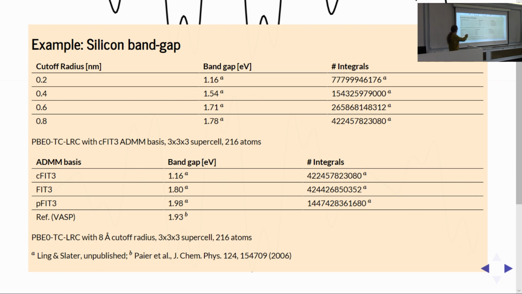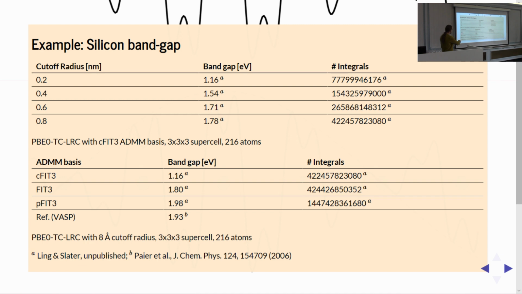If we do the same thing for silicon, if I've got this cutoff radius, this bit where I truncated the thing, once you get up to 6 angstroms, 8 angstroms, you're basically converged. The number of integrals is growing, but the screening stops it growing at a horrendous rate. And there is some dependence on the auxiliary basis set.